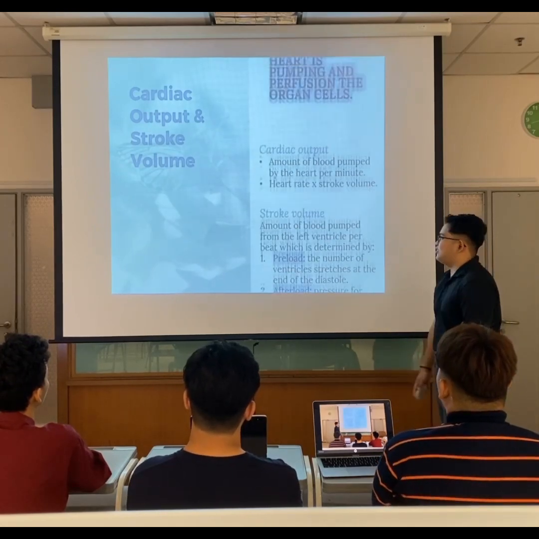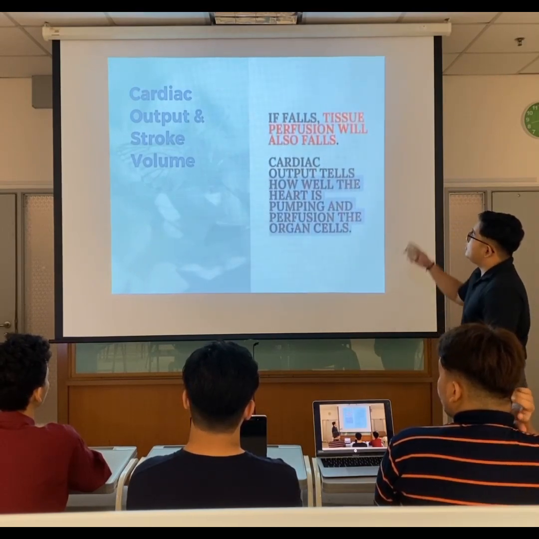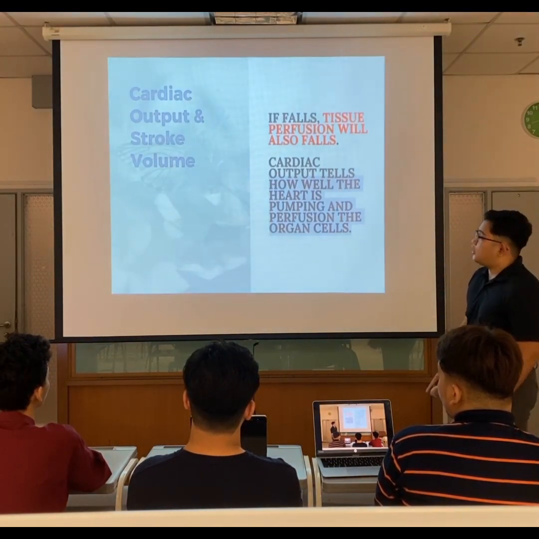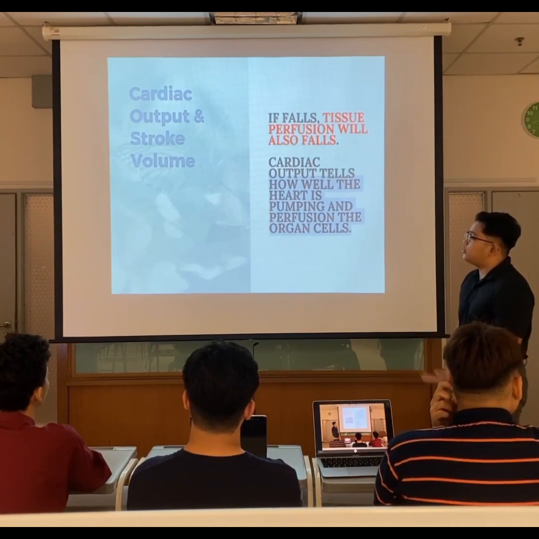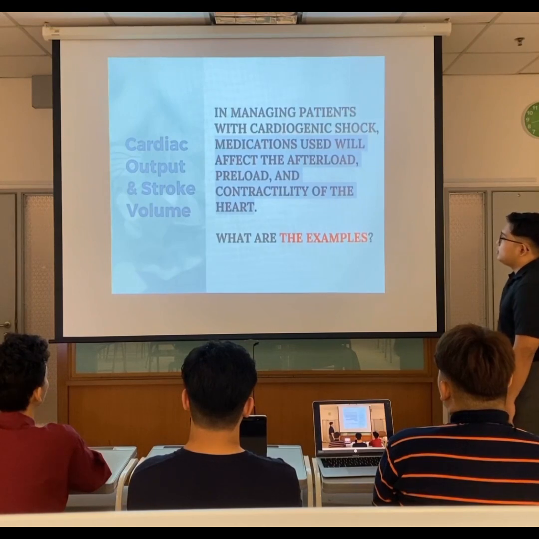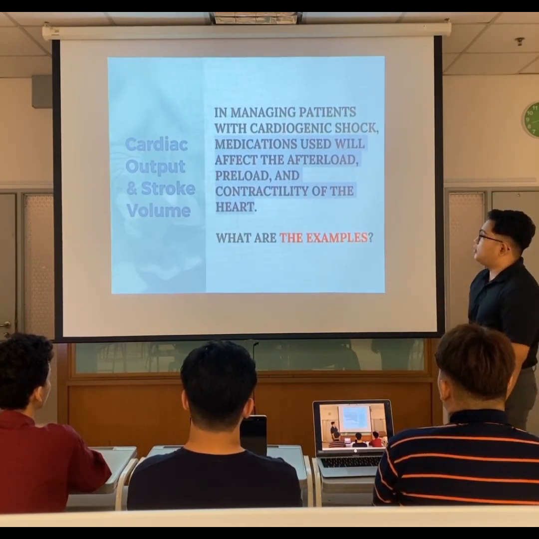Good. Okay, so if cardiac output falls, the tissue perfusion will also fall, because cardiac output tells how well the heart is pumping and perfusing the organ cells. Okay, so what is the relation between the cardiac output and stroke volume with cardiogenic shock?